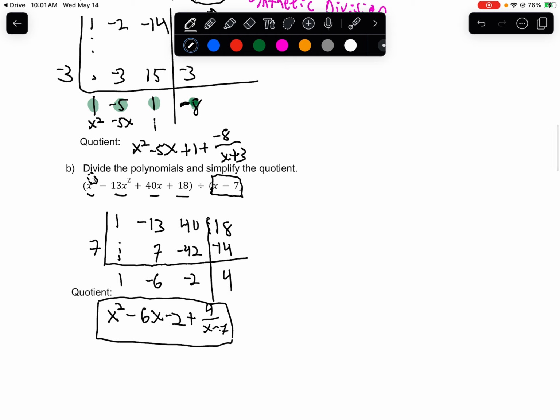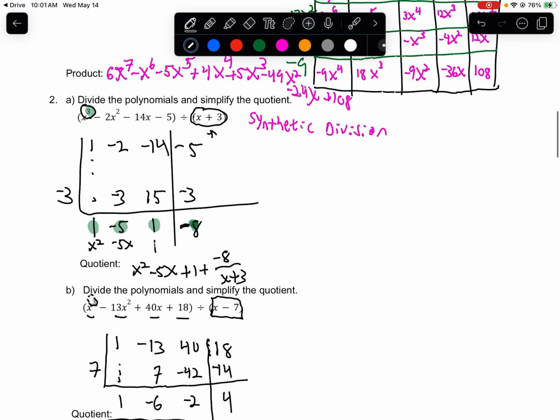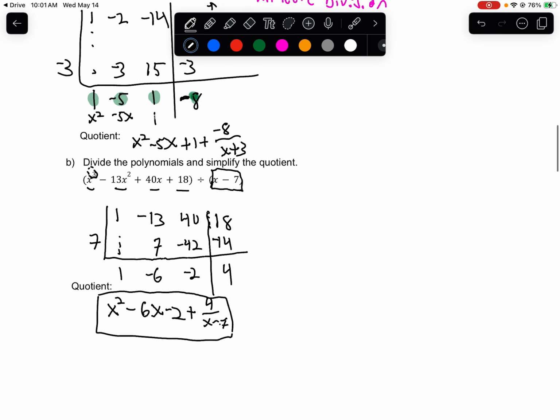So you see this division process, which works only for dividing by linear binomials, is a nice little trick to get this done quickly. The reason people used this in the past is because before there were graphing calculators, we had to find the zeros of a polynomial. You had to use some tricks.